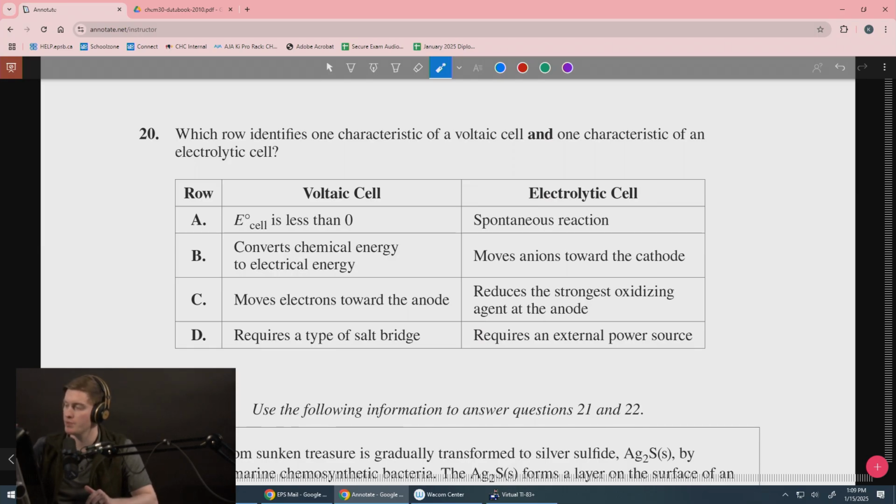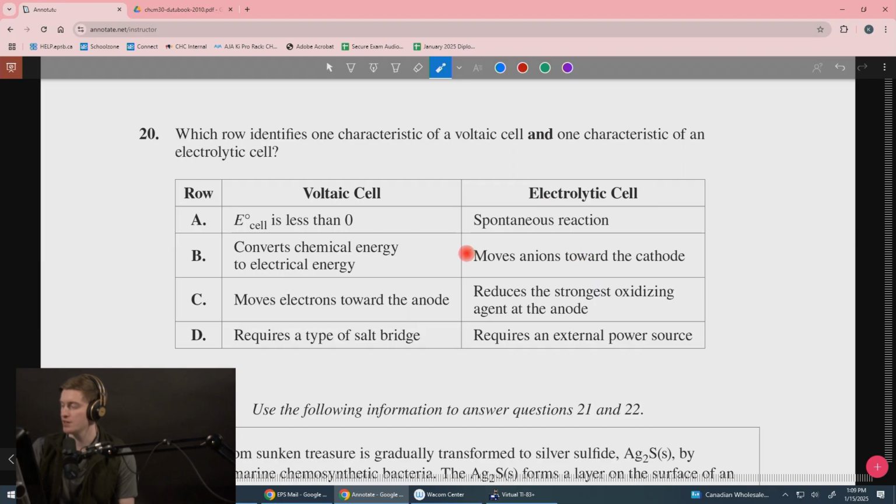Which row identifies one characteristic of a voltaic cell and one characteristic of an electrolytic cell? A voltaic cell, I guess we can work our way row across. So in a voltaic cell, the cell potential is less than 0. In an electrolytic cell, it's a spontaneous reaction. In a voltaic cell, you convert chemical energy to electrical energy.